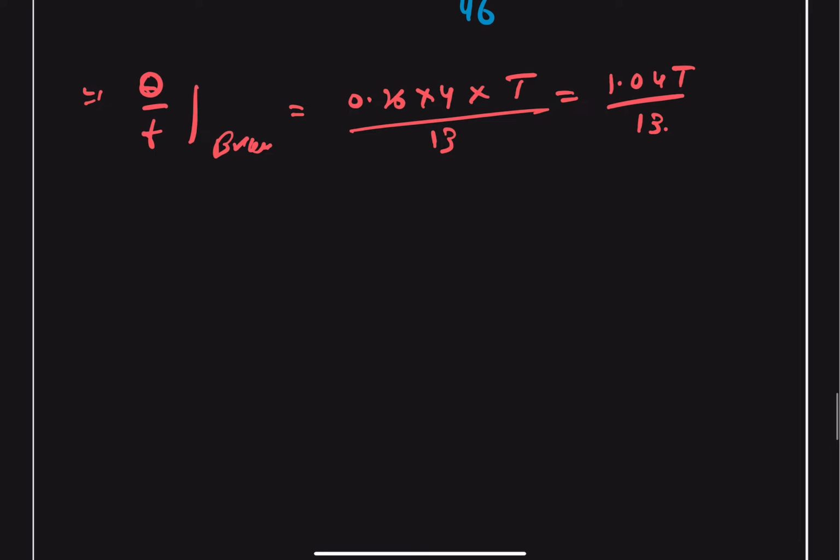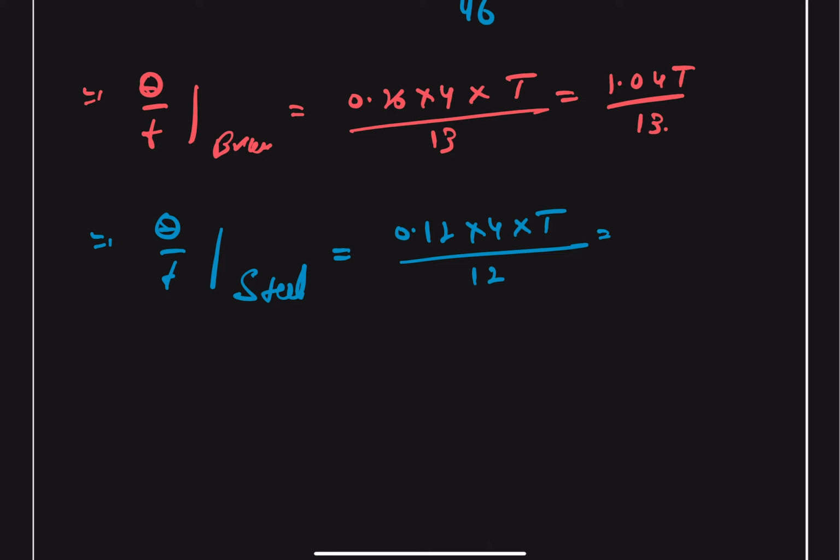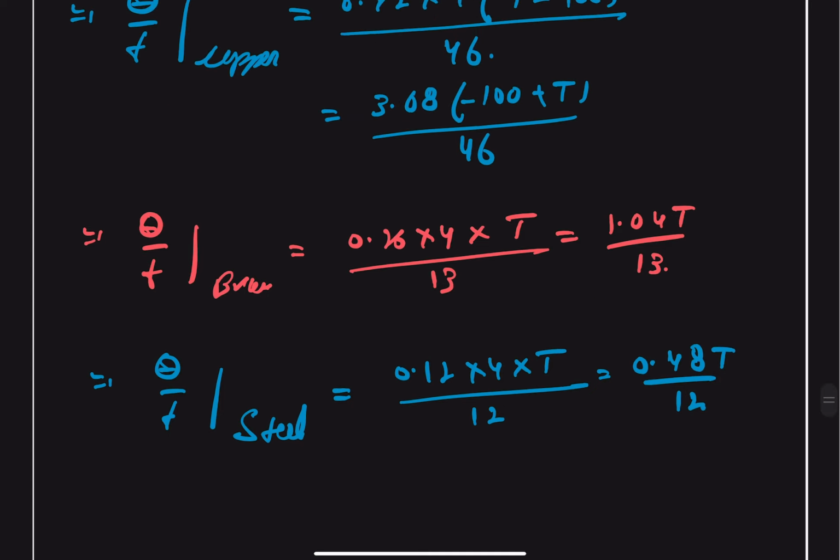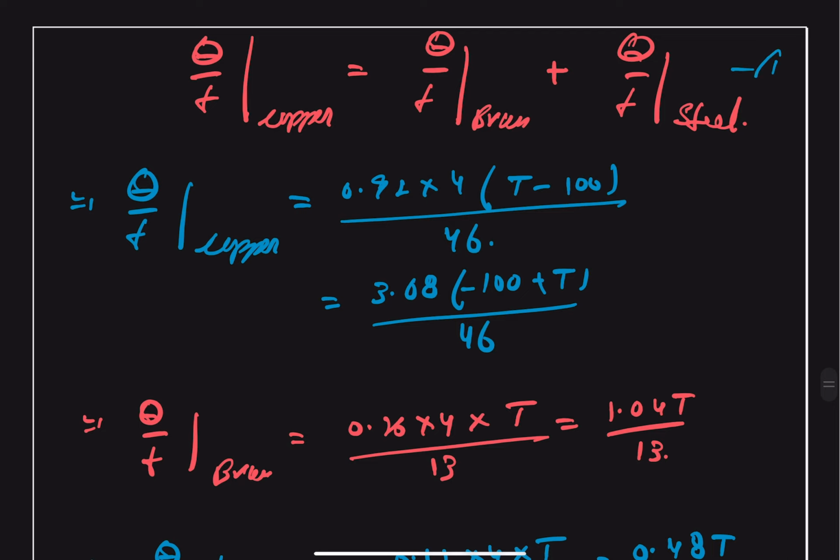And finally for the steel, this gives us 0.12 multiplied by 4, once again it will be T only, divided by 12. This comes to 0.48 T divided by 12. Let us call this equation 1.